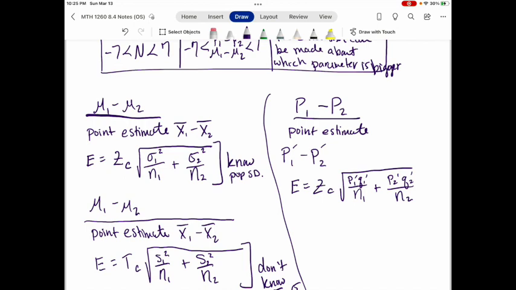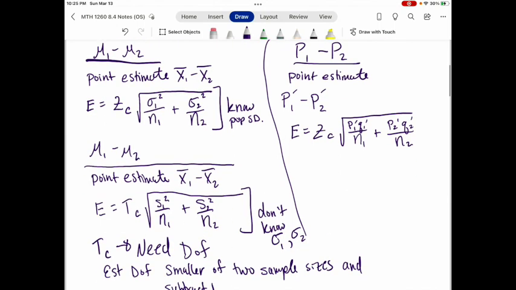Now, just like before, in order to use that critical value from the normal distribution, we need to make sure that our sample sizes are big enough. And to do that, it's the same way we did it before, only we have to do it for each sample. So I'm going to take the sample size and multiply it by P1 and check to see that that's greater than 5.